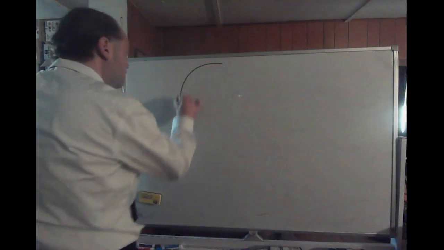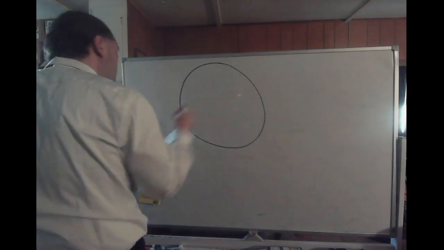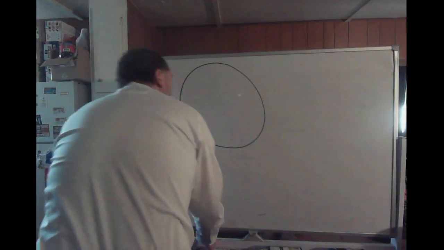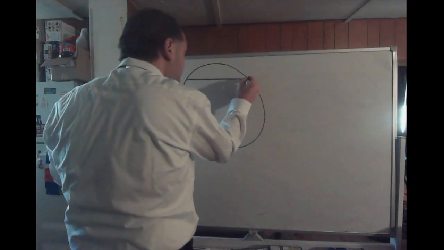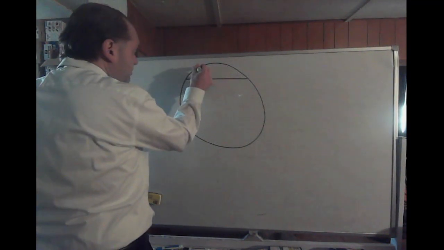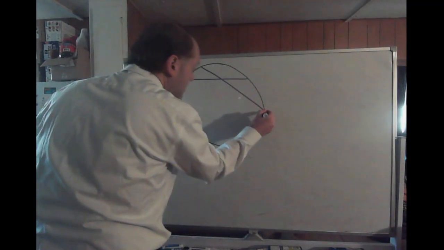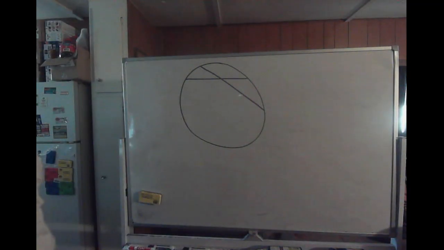Alright, what's next? Another circle where you have, this time it goes across the northern half, and then you've got this weird thing here. So two more chords intersecting inside of the circle.